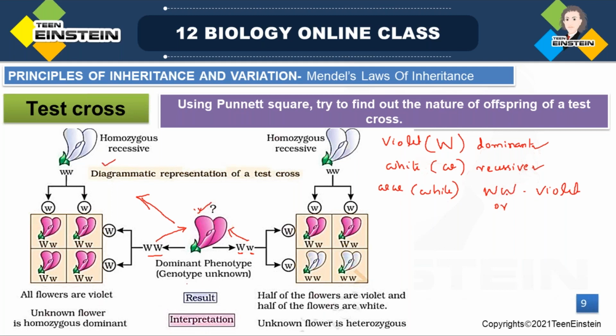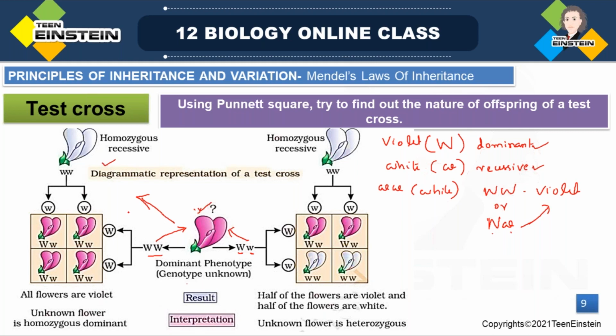Or it may be in the heterozygous condition, capital W and small w, where both alleles are different. In this condition also it will form violet color only. Right? So let's explain with the help of a test cross.